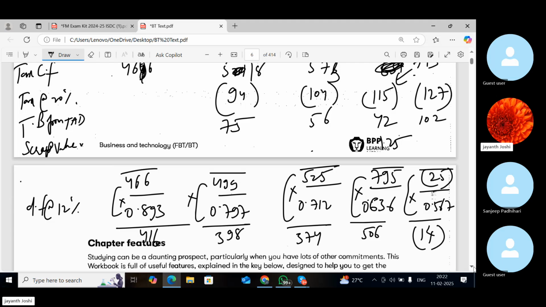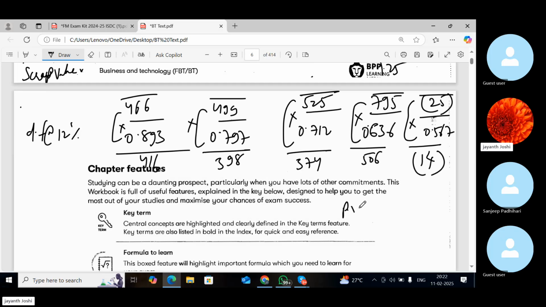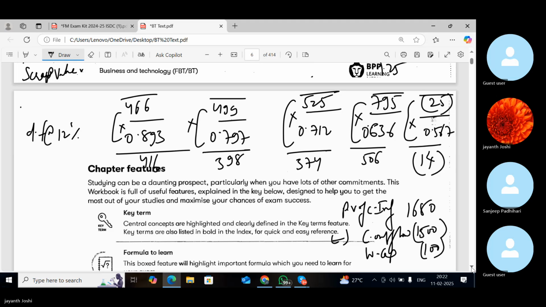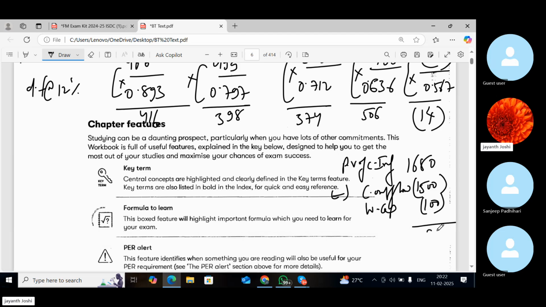And then you need to add them up. So present value of cash inflows totaling 1680. You can do this: 16 plus 398 plus 374 plus 6 minus 14. And then cash outflows in the beginning 1500, your investment, and working capital 100. Are you getting a positive NPV? Yes, positive NPV. You can accept the project.